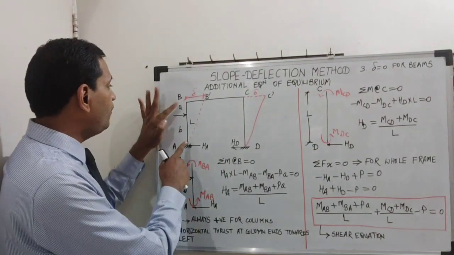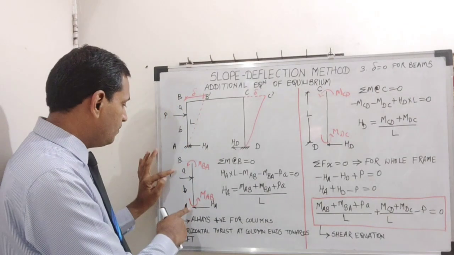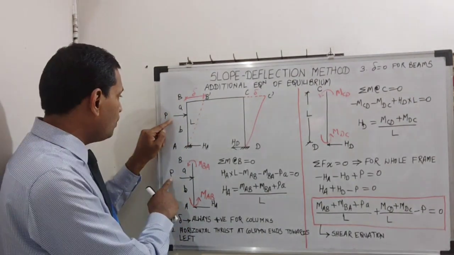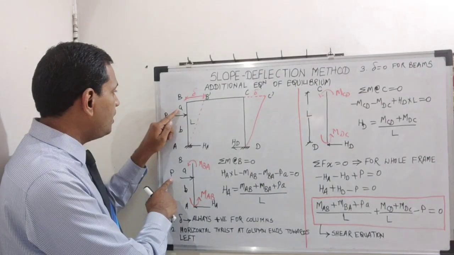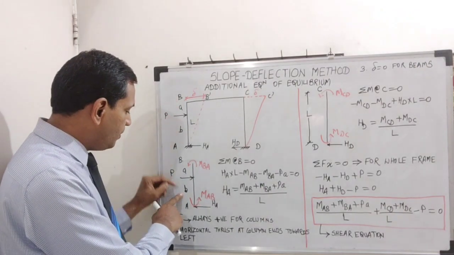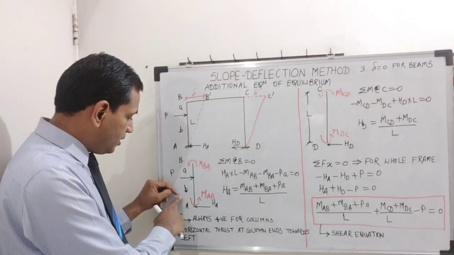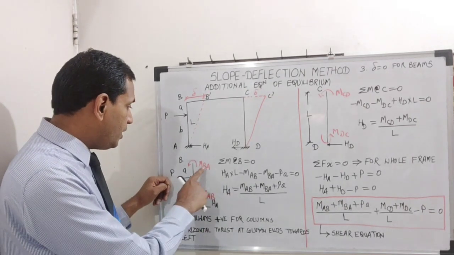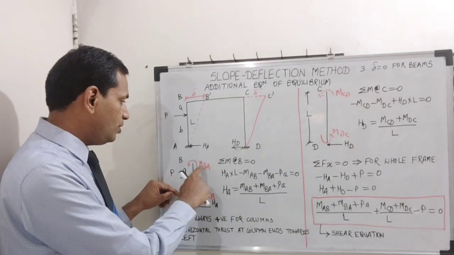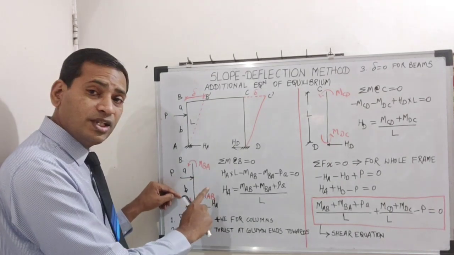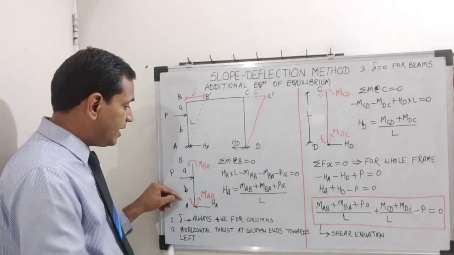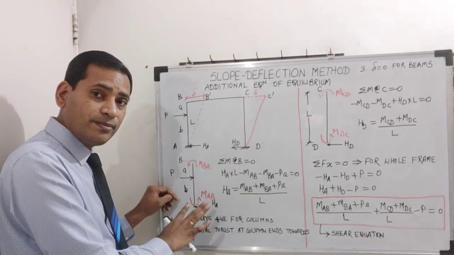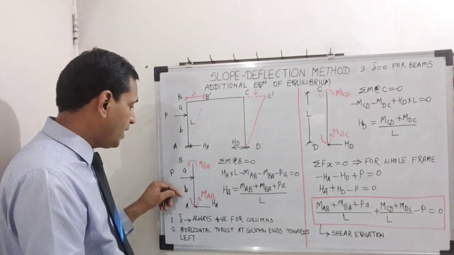So I have taken the free body diagram for column AB. Load P I have shown, it is acting at a distance of a from end B and small b from end A. HA is towards left as per the assumption. MAB and MBA, I have assumed these two moments induced because of sway as anti-clockwise.